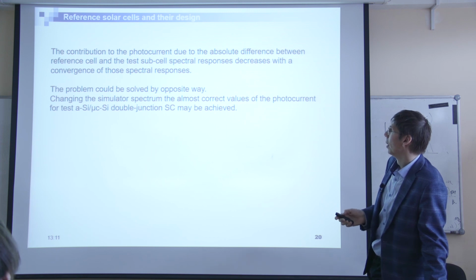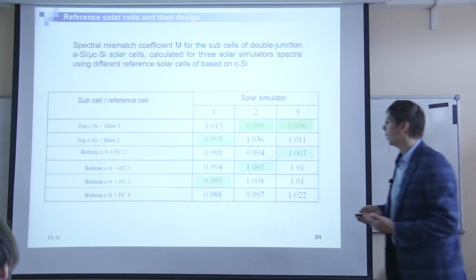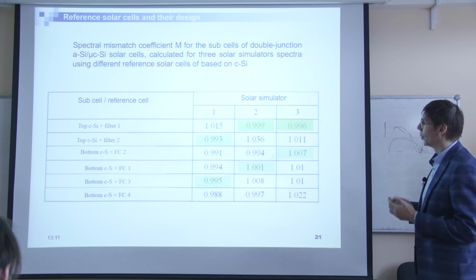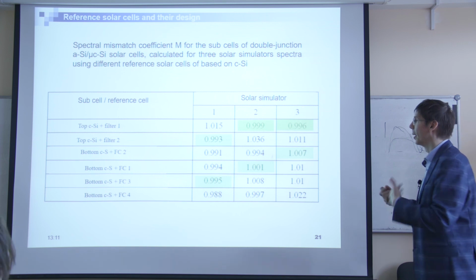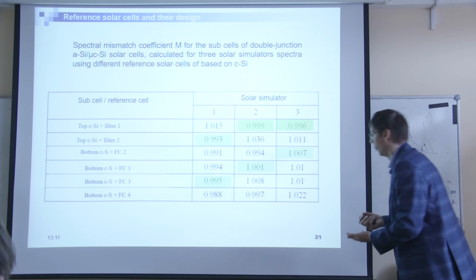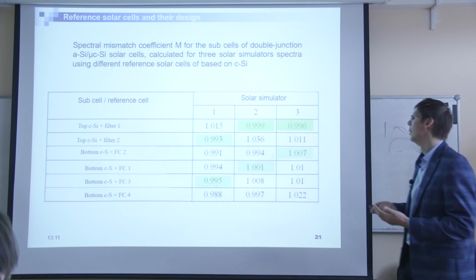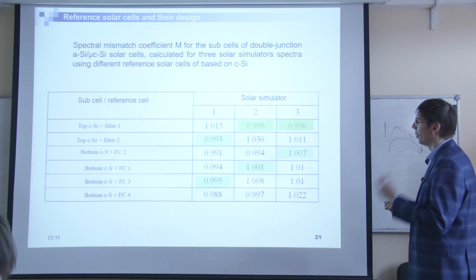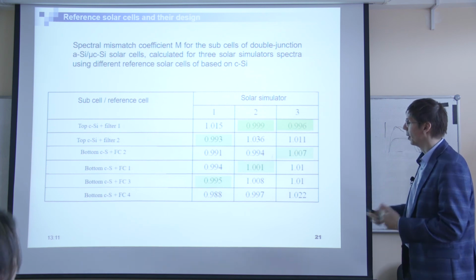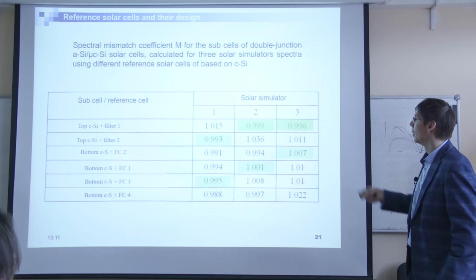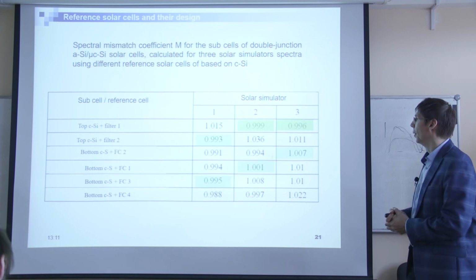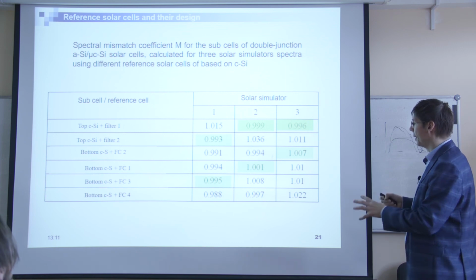And now we can have a look at this factor M to get an idea of what we can use for calibration, for the correct measurement. As you remember, the main criterion was that the difference between M and 1 is less than 1%. So I have selected the corresponding set.